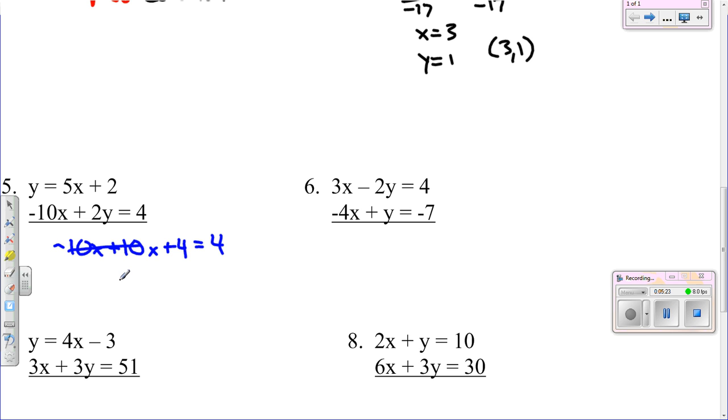Those 2 cancel out. I have 4 equals 4. That's always true, so it's all real numbers or infinite solutions. You just stop at infinite.